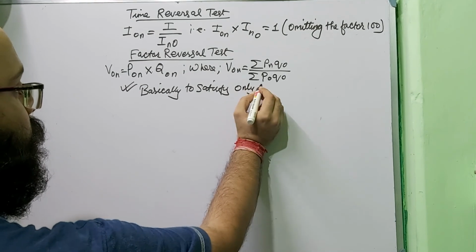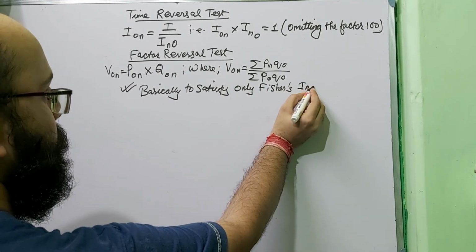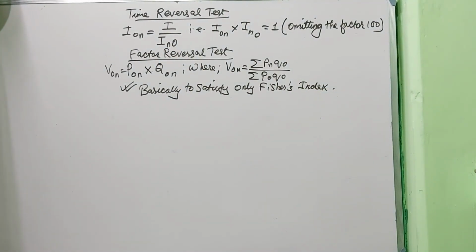Factor reversal test is used to satisfy only Fisher's index, and time reversal test can be used for simple aggregate price, for weighted aggregate price, for Marshall-Edgeworth, for Fisher's, everywhere. But factor reversal is only for Fisher's index.